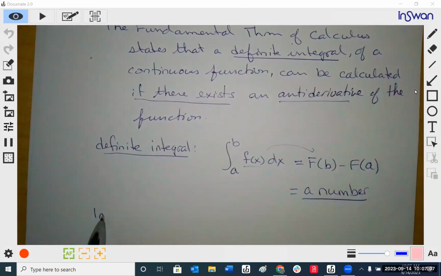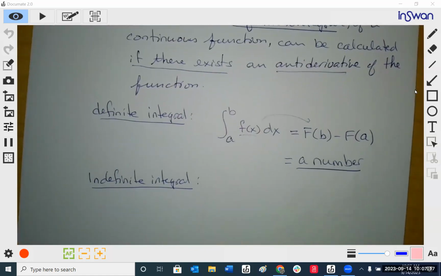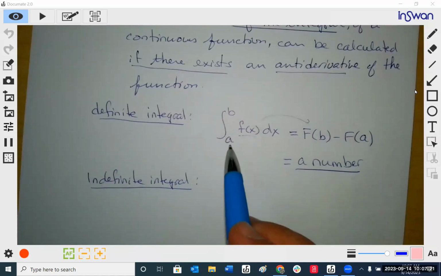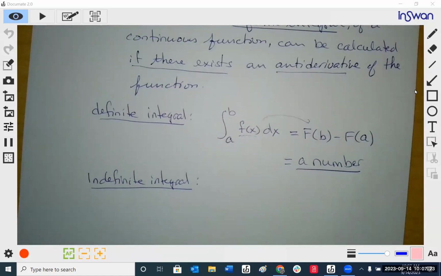An indefinite integral has no end. This one has an end because it starts someplace and ends someplace. Give me a value. But if we follow a line to infinity, what is the area under that curve? Yeah, we don't know. We can't get to it because it's indefinite.